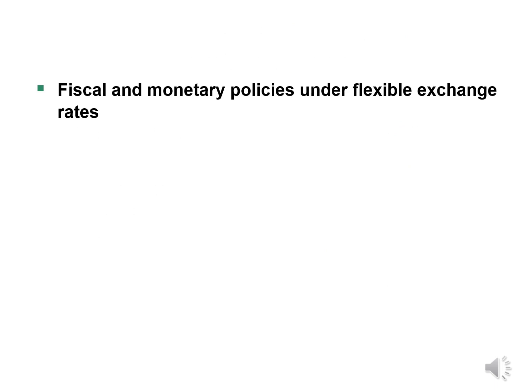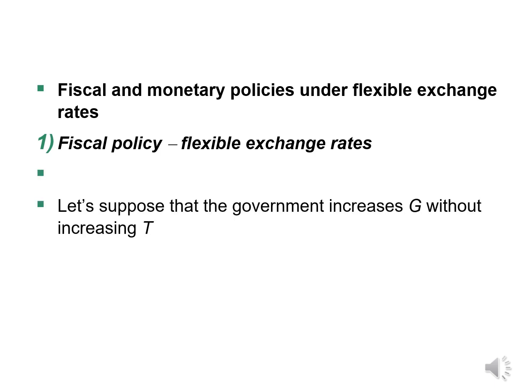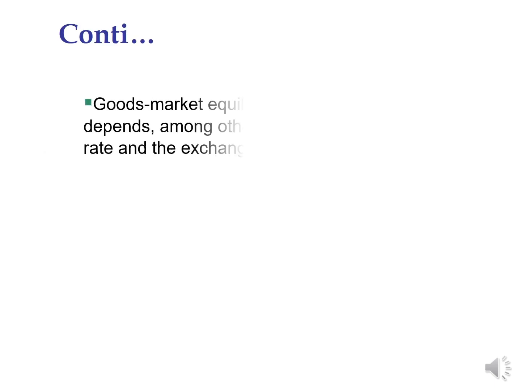Fiscal and monetary policy under flexible exchange rate. Number one, fiscal policy. Let's suppose that the government increases G without increasing T. As a consequence, the IS shifts to the right, Y and I increase, and net exports change.